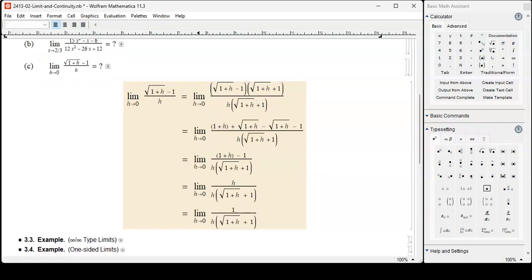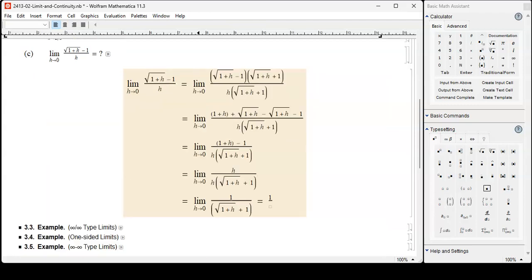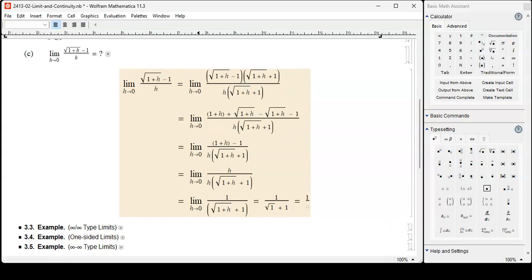So cross it out, so 1, and that's gone. And what do we have? Finally, we have a trivial limit. You can plug in h equal to 0. If you do that, we have 1 over square root of 1. Ooh, sorry about that. Square root of 1 plus 1, so this 1/2.